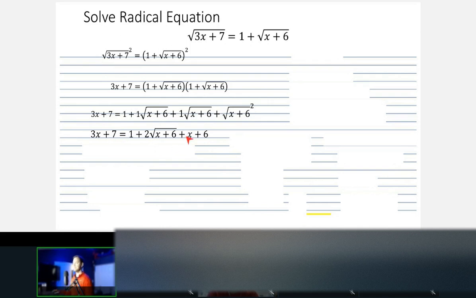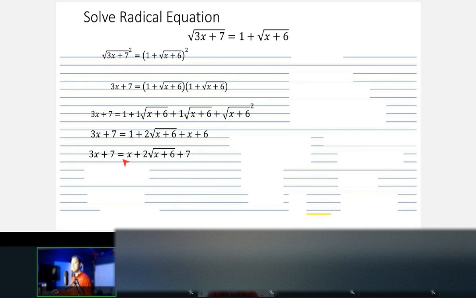Combine like terms: we have x by itself, and 1 plus 6 is 7. I put the x in front, the radical in the middle, and the constant at the very end. It doesn't really matter at this point what the order is.